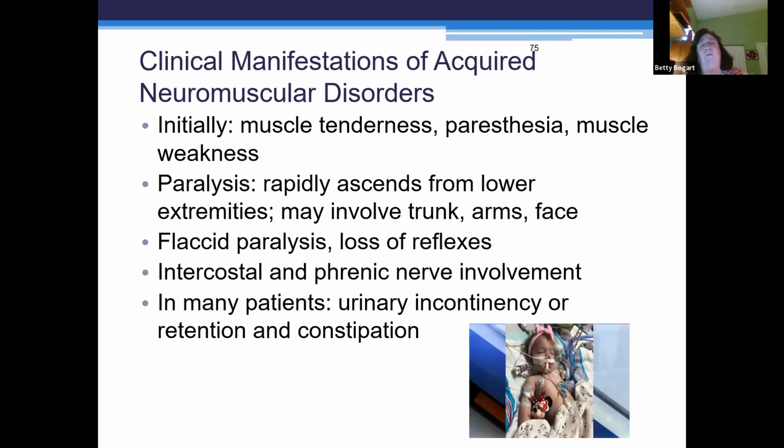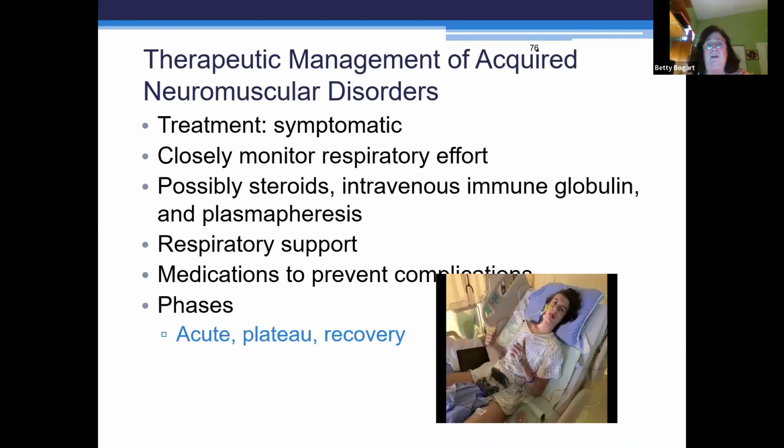So it starts out with that muscle tenderness, paresthesia. It starts out with a paralysis from the lower extremities, and then it comes up, and then it's going to hit the urine, and it's going to hit the bowels, and then it hits the phrenic nerve. Our biggest concern with this one is monitoring their respiratory effort, okay?